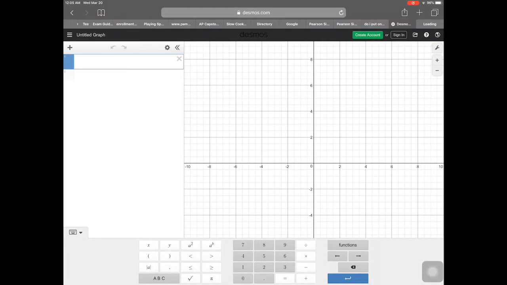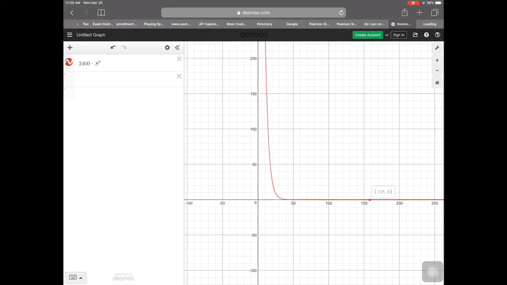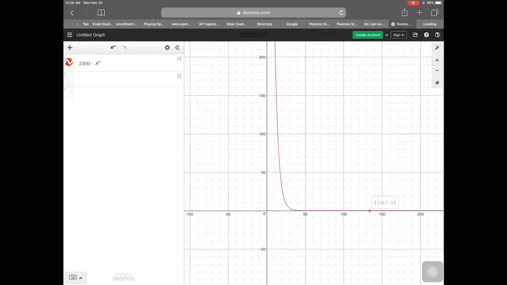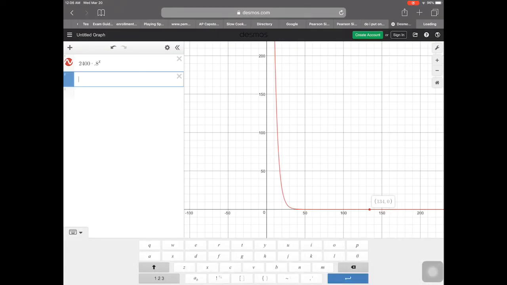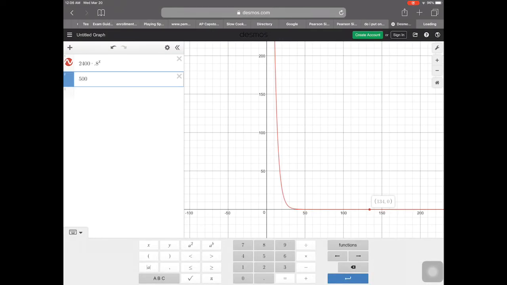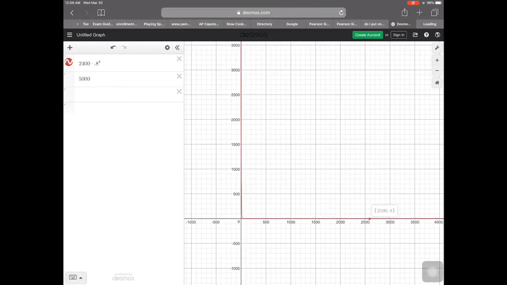And our graph was 24,000 times 0.8 to the x power. I'm going to have to zoom way out, but there we have it, right? So now I need to know when my y is going to equal 5,000. Again, I'm going to have to zoom way out so I can even get 5,000 on my graph here.